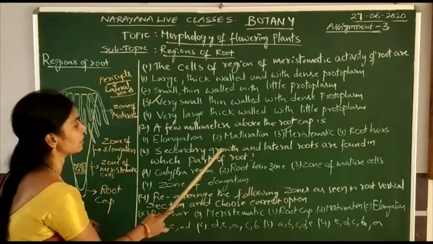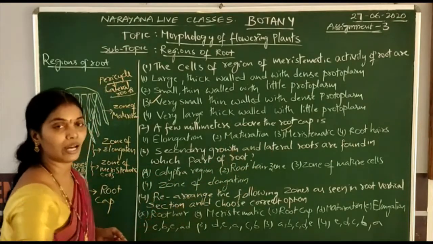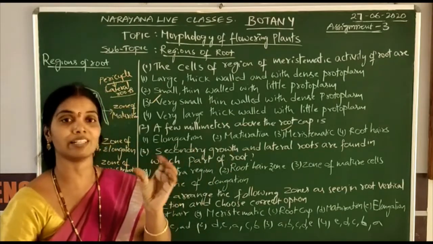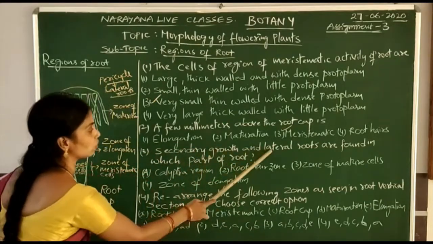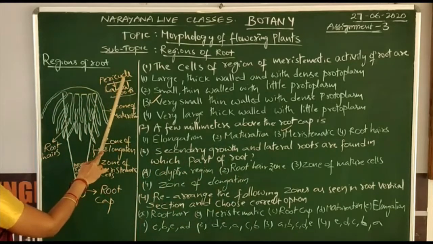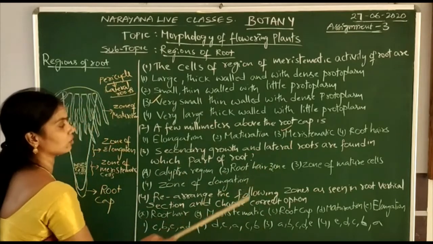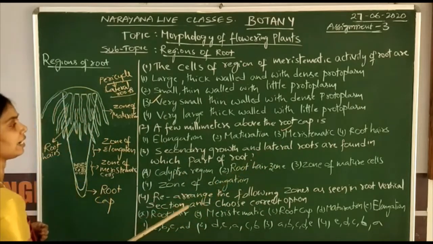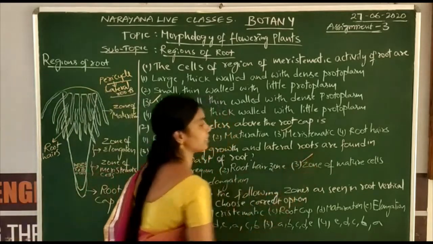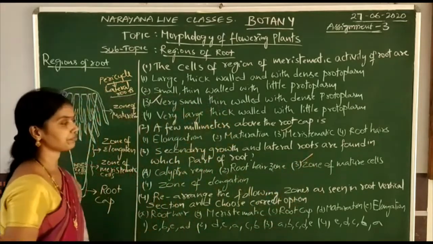So the question is secondary growth, where you can see increase in the width of the root. That is due to the presence of a mature cell called pericycle. From this you can see formation of lateral roots. So where is this located? In the zone of mature cells. So the third option is correct for this question.